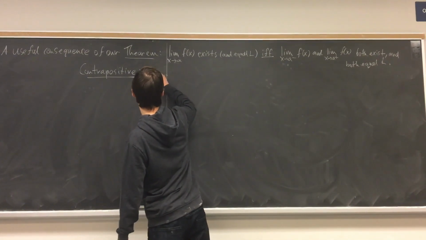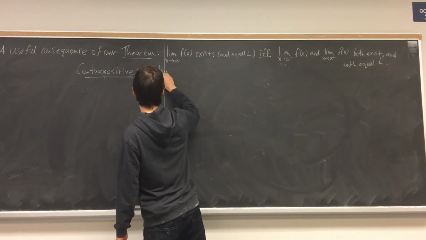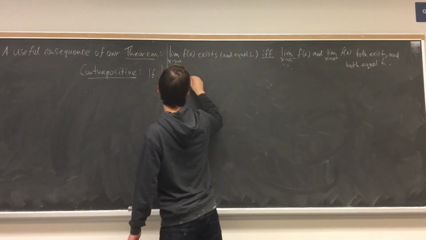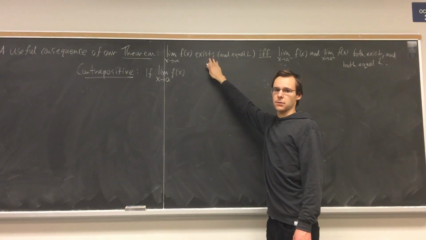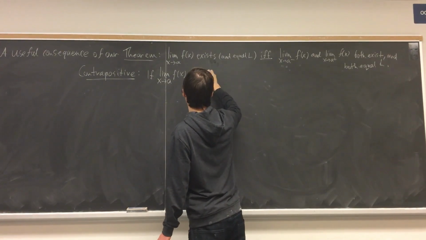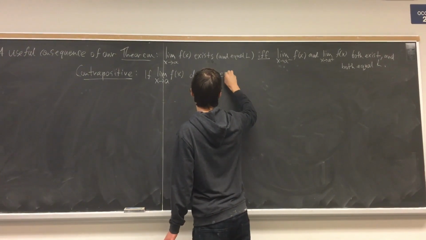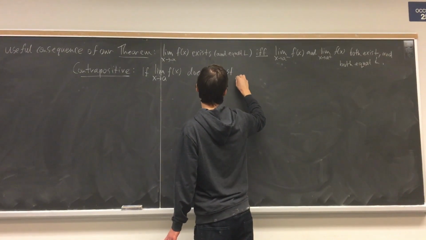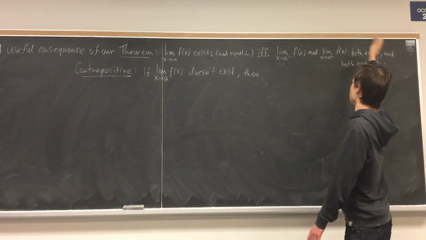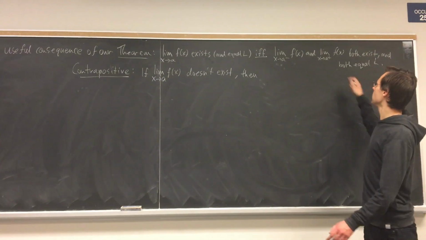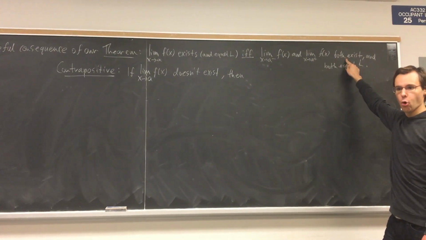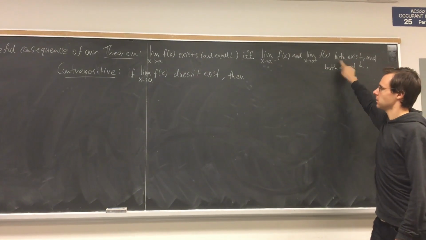That if the limit as x approaches a of f of x does not exist, doesn't exist, then what happens? This side is not true. So either one of these limits doesn't exist, or both of them exist but equal different values.